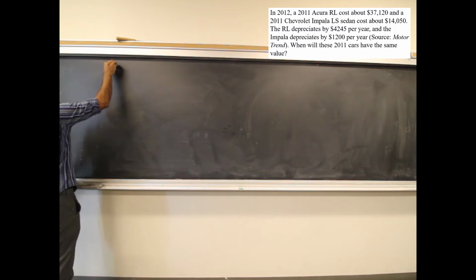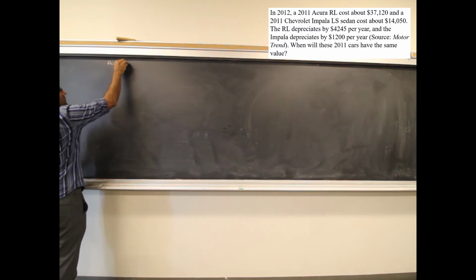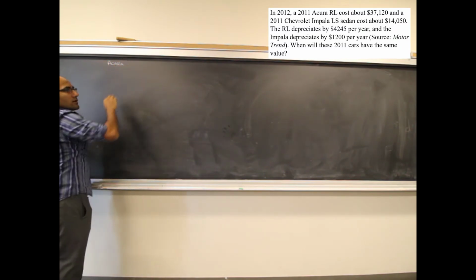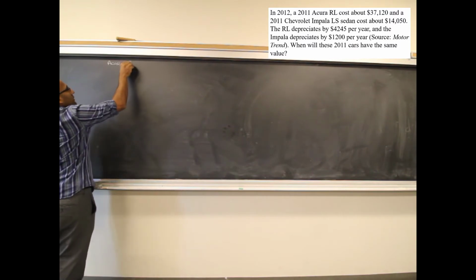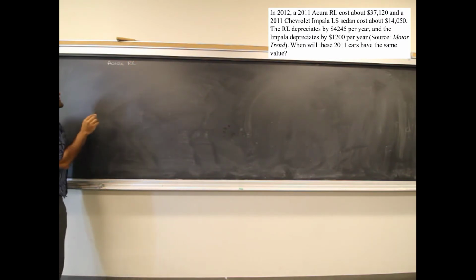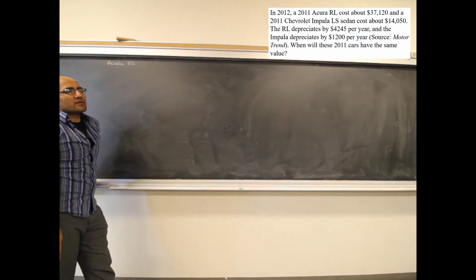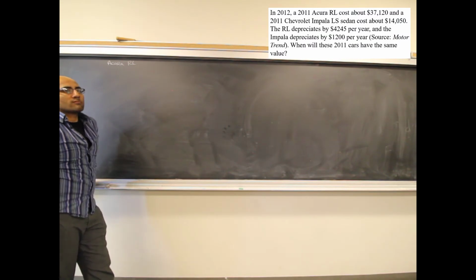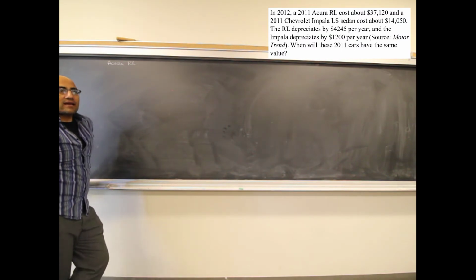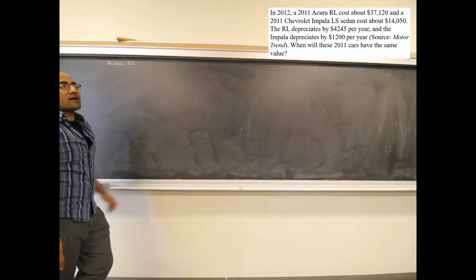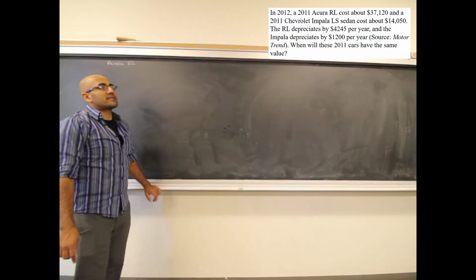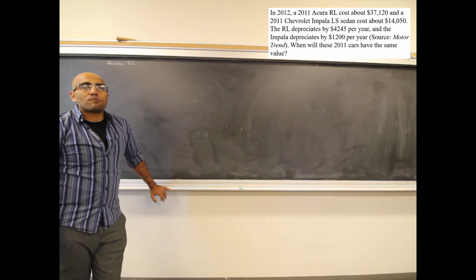So, let's see, for the Acura RL, also keep in mind, what is $37,120? Is that the price of the Acura brand new? It doesn't say, right? It says in 2012, a 2011 Acura.